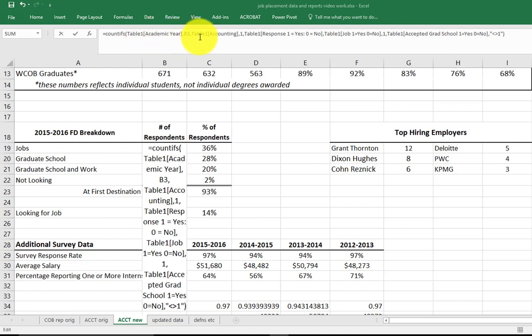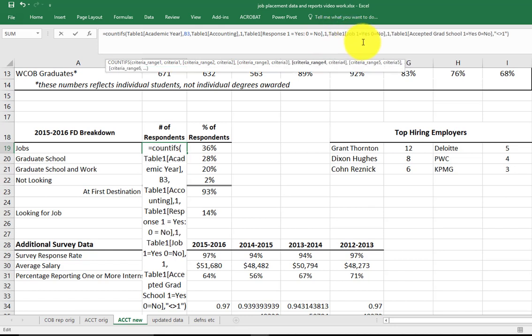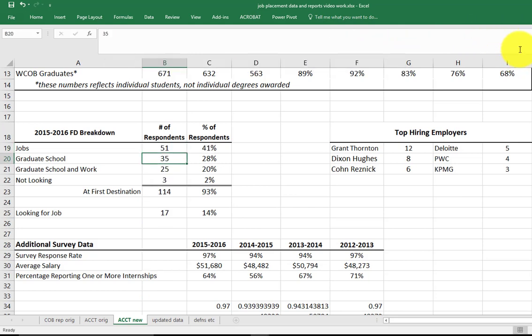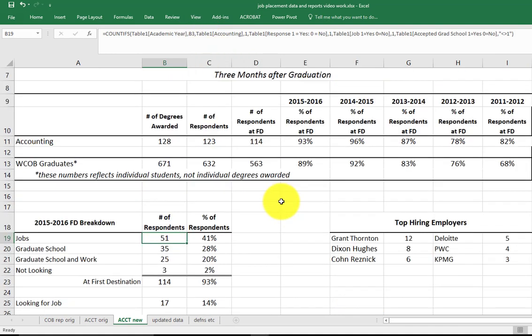So that's correct. That's good. Okay, I forgot to put a 1 there, neglected to. So let's put a 1 there. That should work.